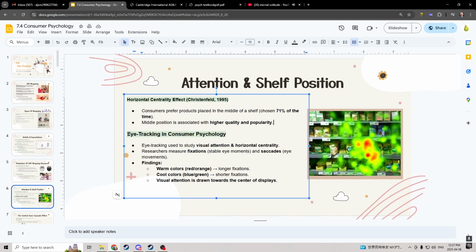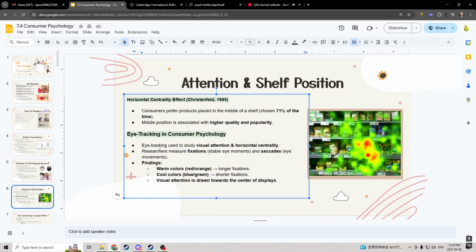Nice. Then we go to eye tracking in consumer psychology. Eye tracking is used to study visual attention and horizontal centrality. Researchers measure fixations, stable eye movements, and saccades, which are just eye movements.